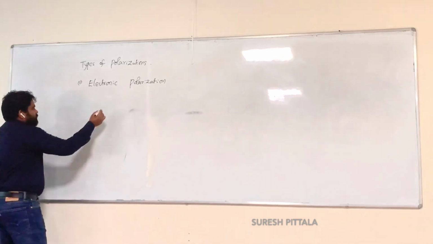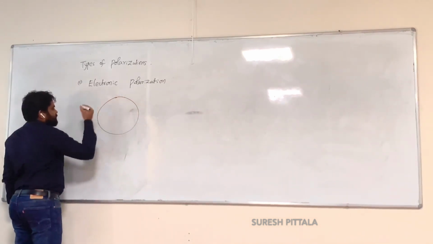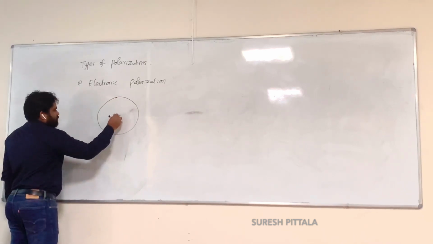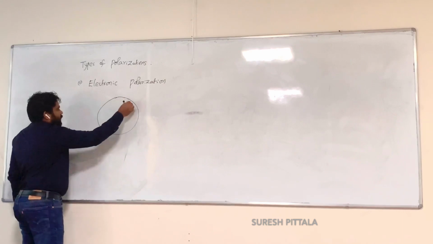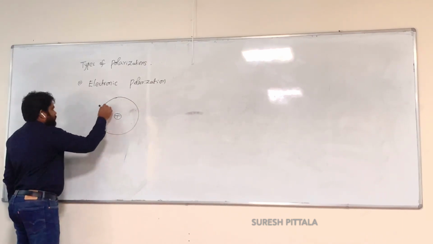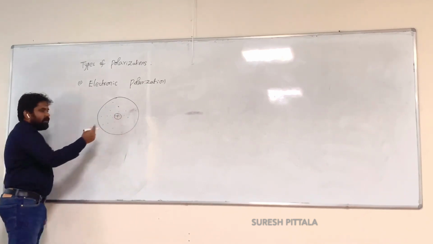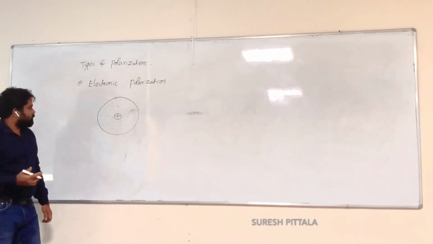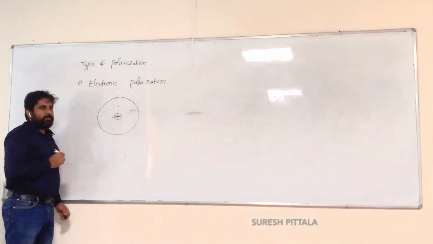Let us see. So let us consider one atom. You know, atom is like this, where you have the positive nucleus and you have all negative electron cloud around it. Right? If you take the center of gravity of all the negative electron cloud, the negative charges are also at the same point.